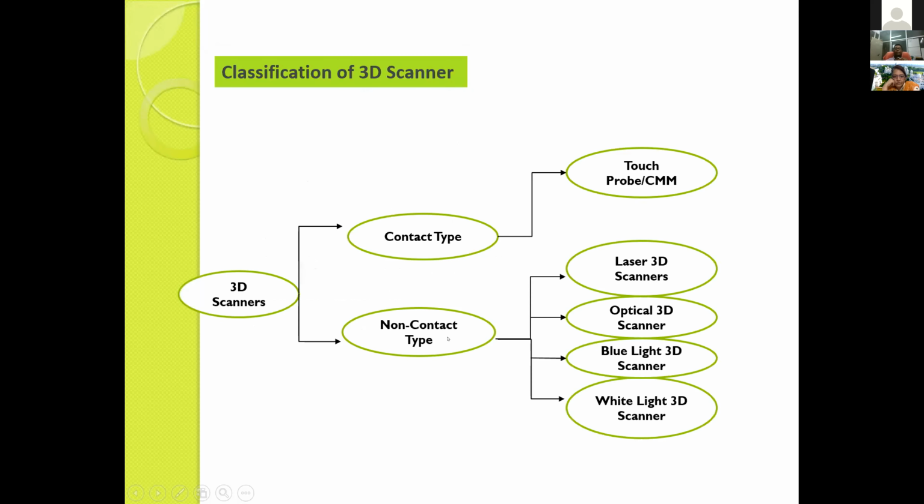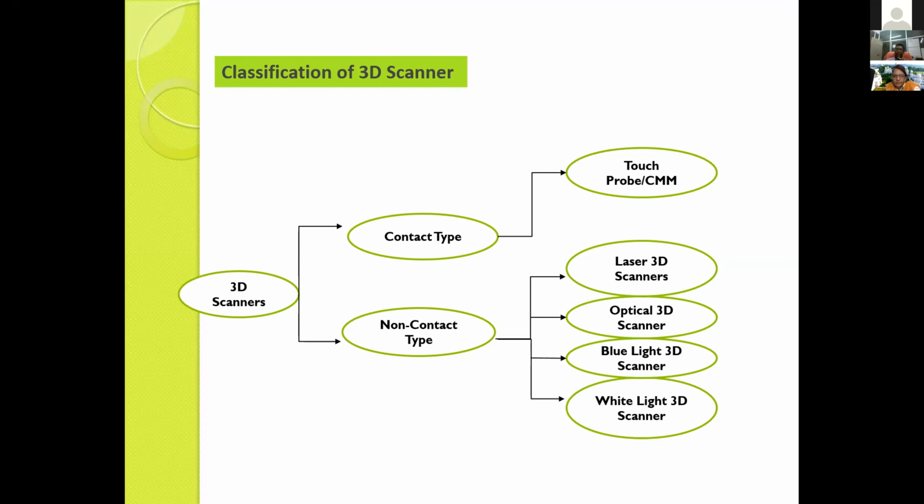Okay, so here it is given in a little more classified way: non-contact type scanners are laser scanners, optical scanners, and blue light scanners. In terms of cost, we try to have more options, and all have some advantages and some disadvantages, because suppose we want to scan a whole building, or some other small objects.